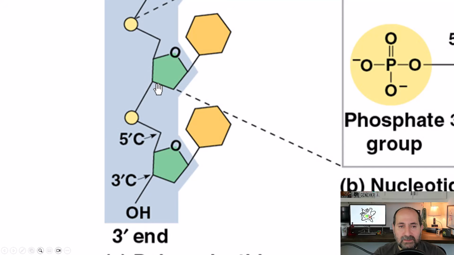This is the 3' carbon on this nucleotide up here, right? And notice what happened. Like I said, via a dehydration reaction, the phosphate group from this nucleotide connects with a covalent bond to the 3' carbon on the next nucleotide. See, that's how I said they connect to one another, right?